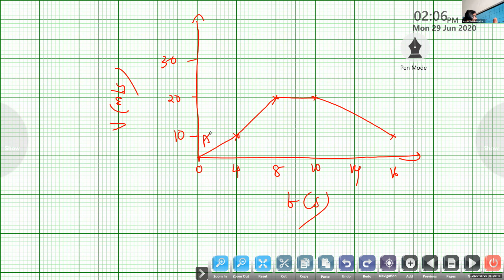Let us give the names A, B, C, D. My question is, find the acceleration at AB and BC.